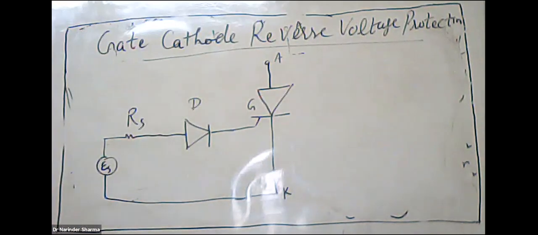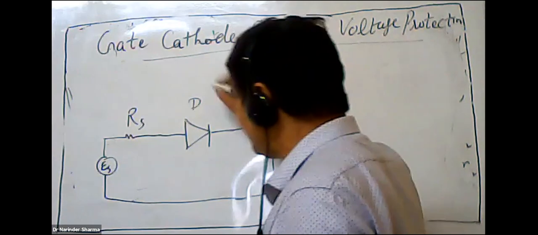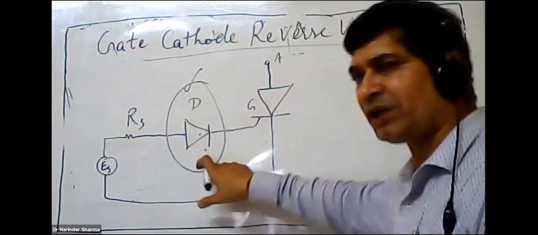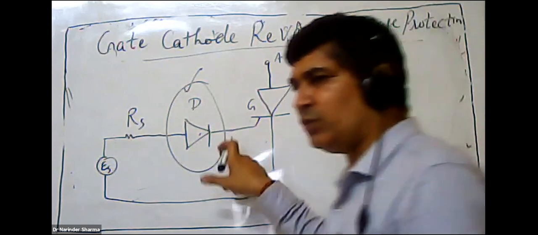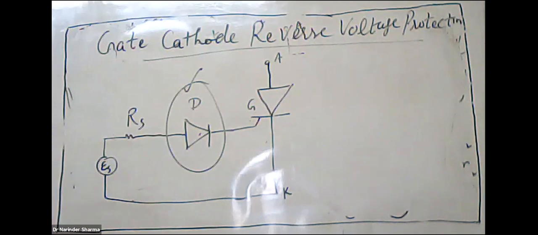If there is any possibility of reverse gate cathode voltage, this diode will prevent it, because it will not conduct beyond this value. So that's why protection is made by using this diode.